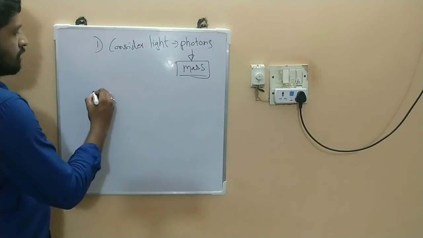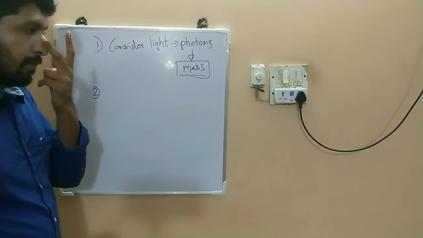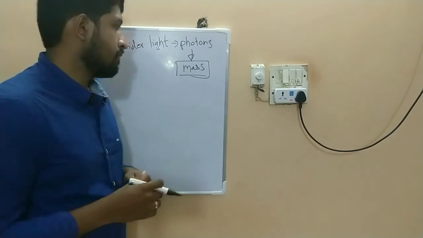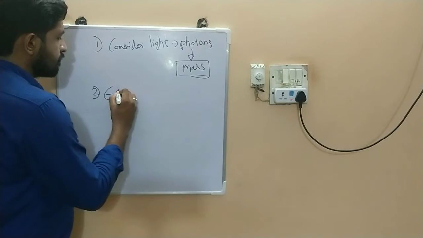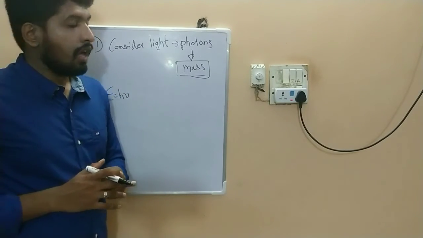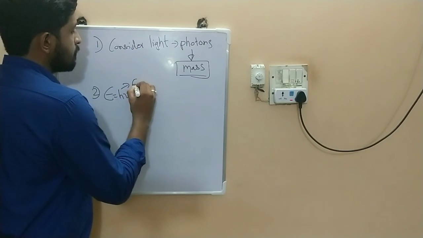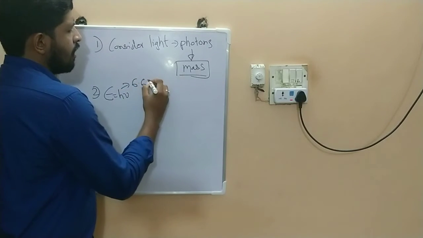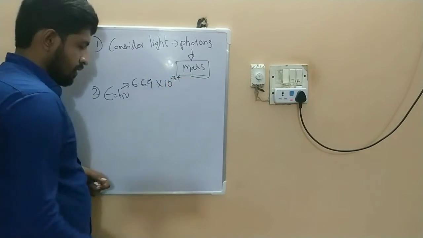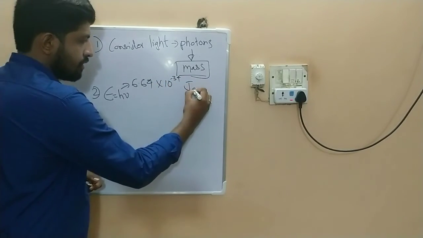Next is the energy possessed by a light particle, which is the photon. E is equal to h nu, as I said earlier. That is Planck's constant, and I have stated the value as roughly 6.6364 times 10 raised to minus 34 joule second.